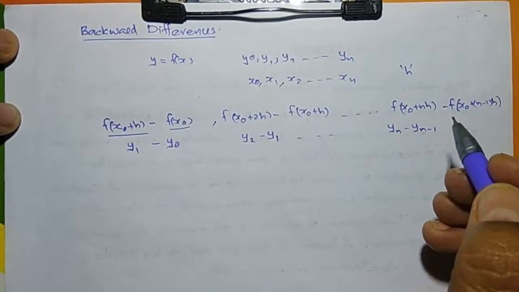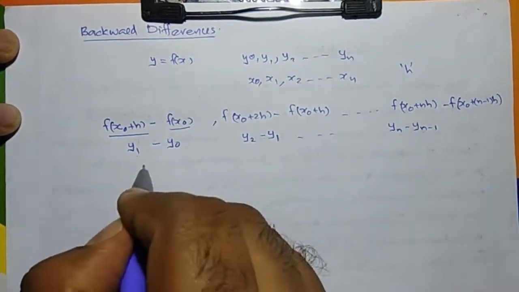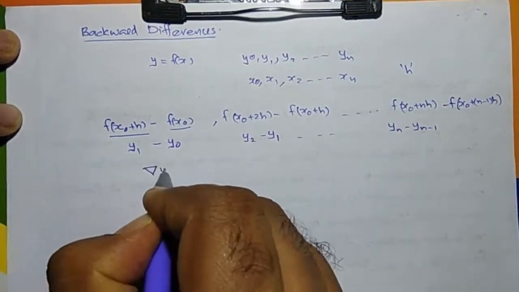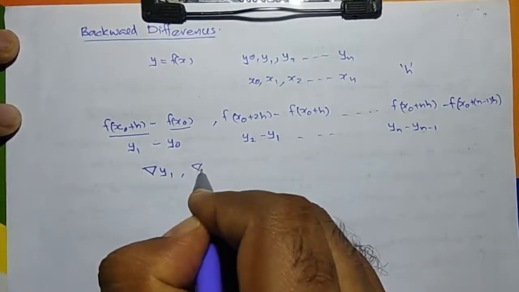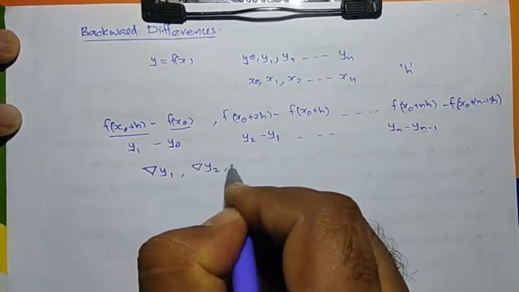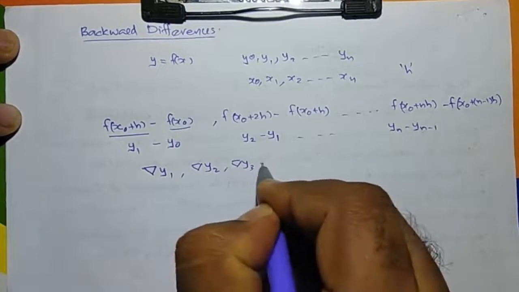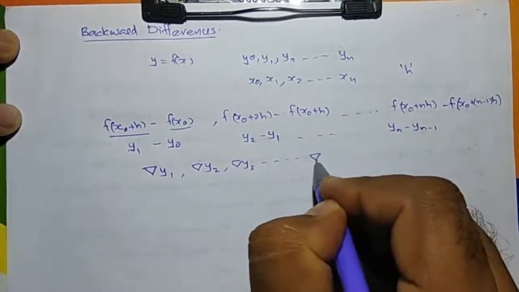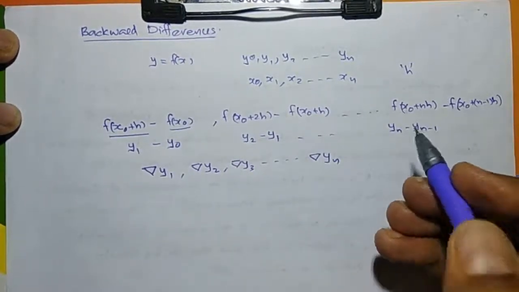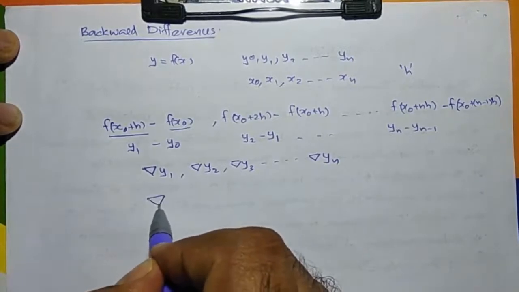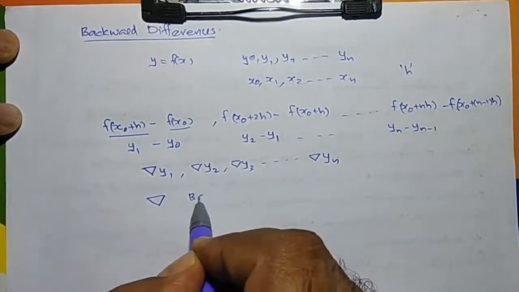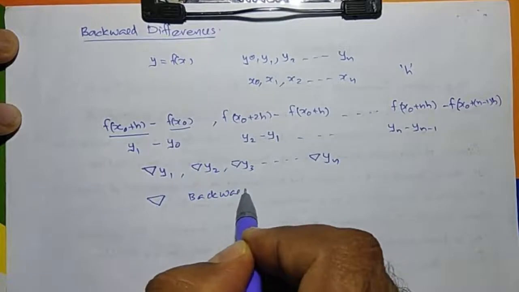For simplicity, we may write this as nabla y1, nabla y2, nabla y3, etc. nabla yn. The symbol nabla is called the backward difference operator.